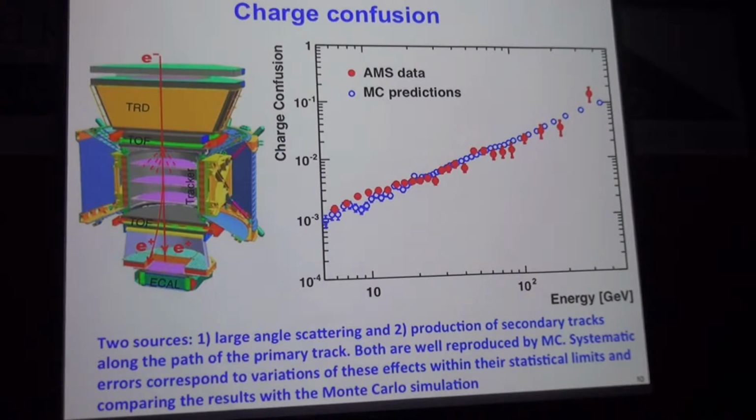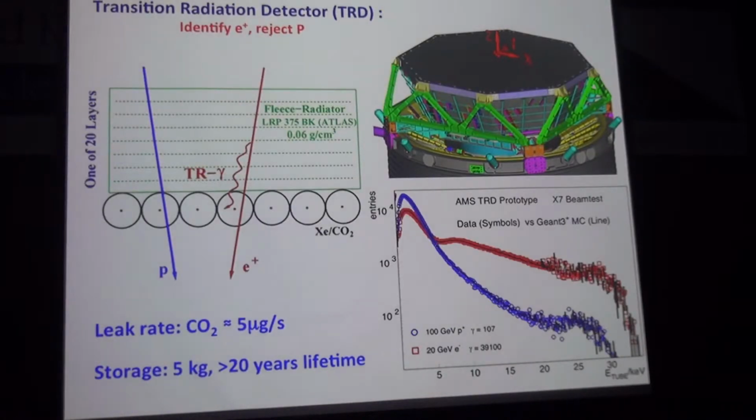At 10 GeV we have a charge confusion of about 10^-3. So this is one of the problems that occupied us for the first 2 years of AMS data collection.